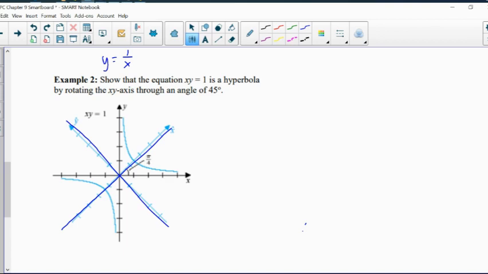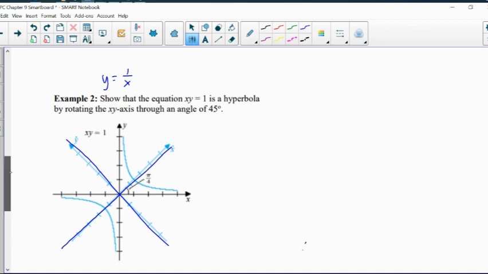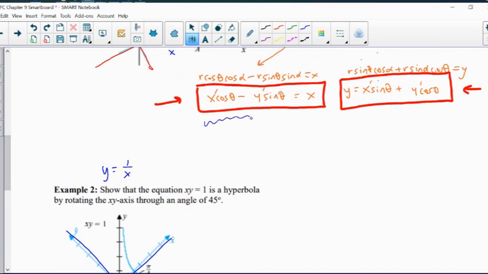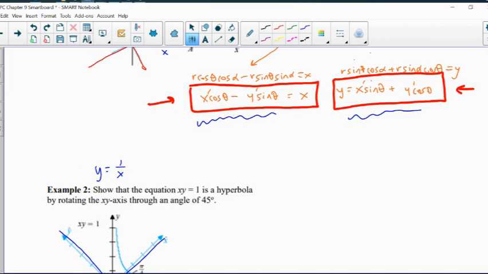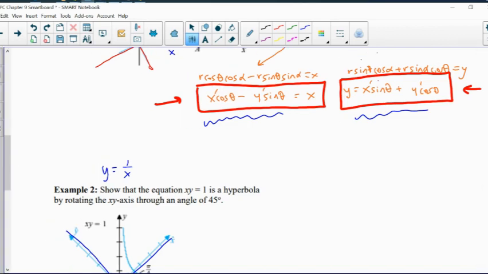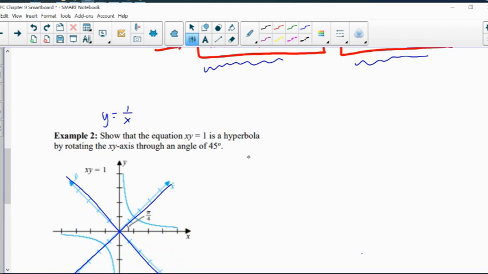So instead of x's and y's, we're going to call them x primes and y primes. I'm going to apply the two translation formulas we just derived to the original equation, xy equals 1.